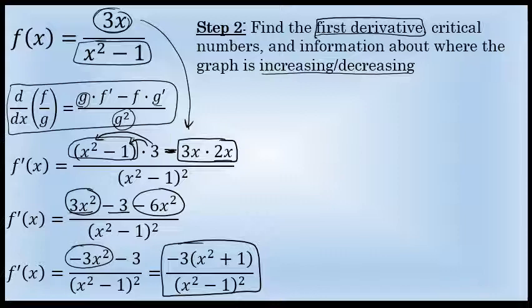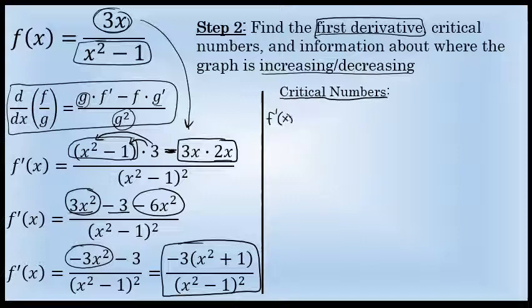It's a lot of information this first derivative can tell us. First, critical numbers are places where the first derivative is 0 and where the first derivative doesn't exist. When it comes to rational functions, the first derivative is 0 when the numerator is 0. So in this case, that would occur when -3 times the quantity of x squared plus 1 is equal to 0.